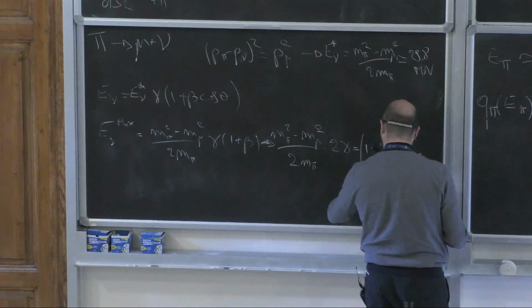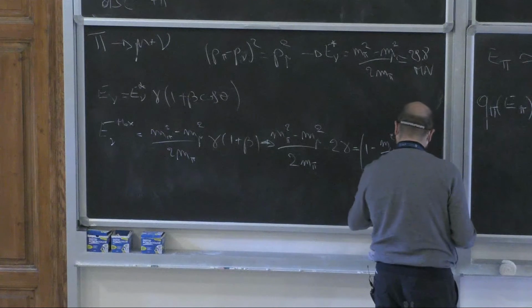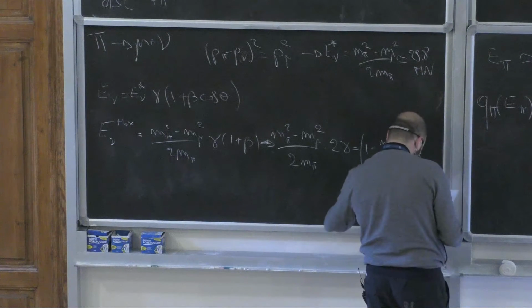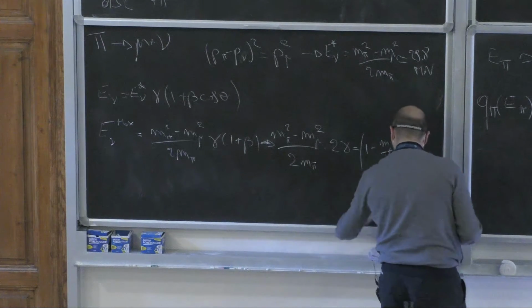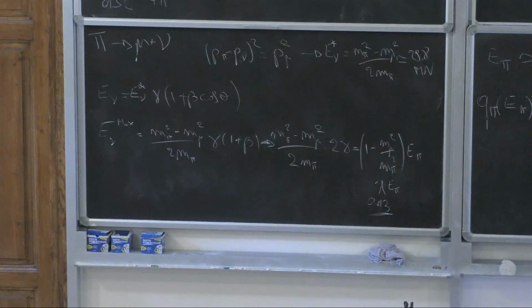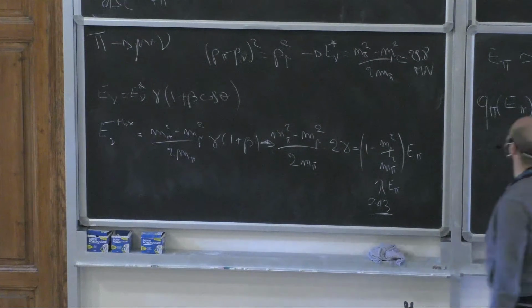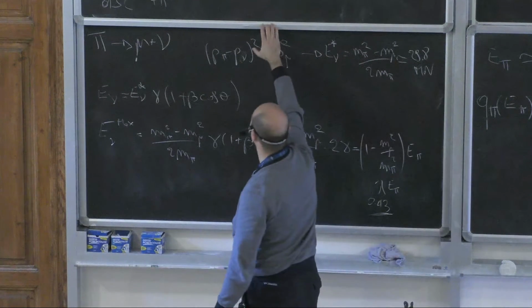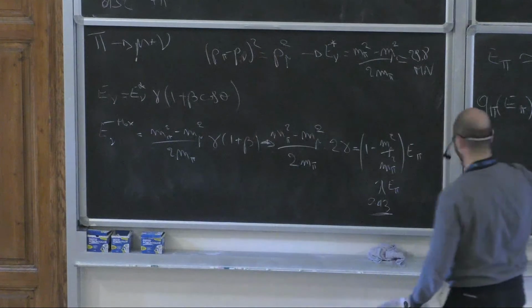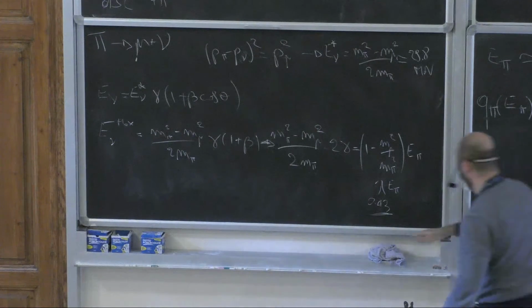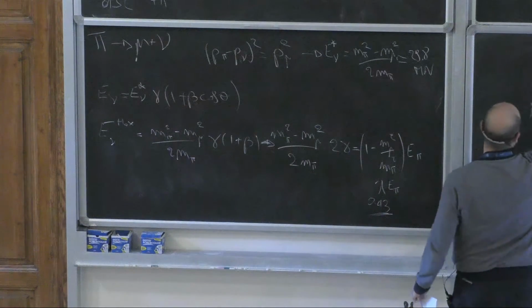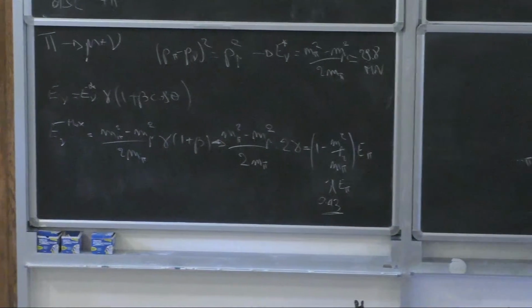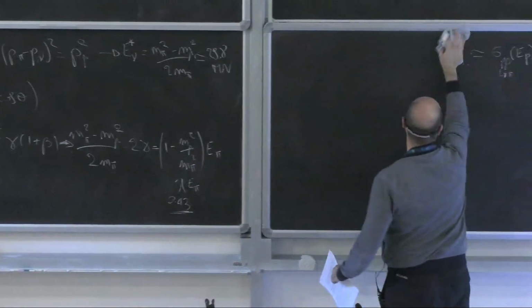And this constant, which we can denote lambda, times E pion, is about 0.43. Not very deep, frankly, but I really wanted to show you in practice how these things are done.